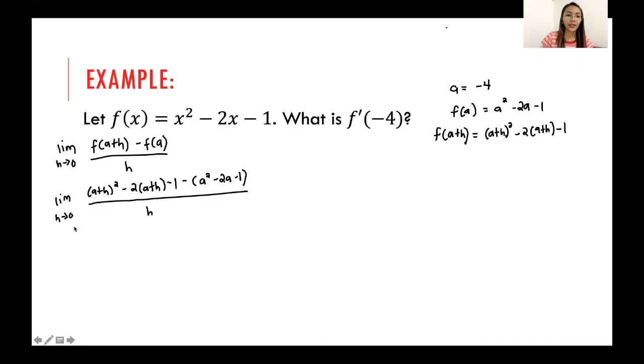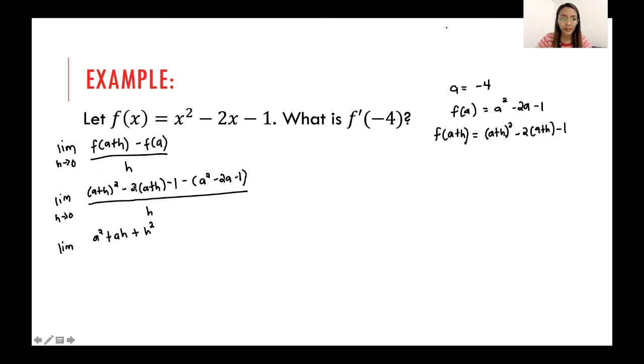Okay, so let us simplify first the numerator. So, i-simplify muna natin yung may mga parentheses. Okay, so a plus h. So, si a plus h squared, this will become a squared plus 2ah plus h squared.